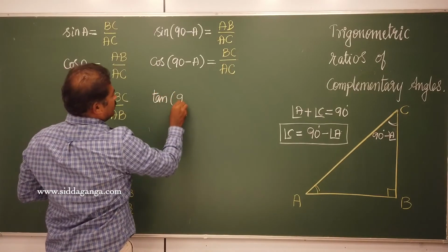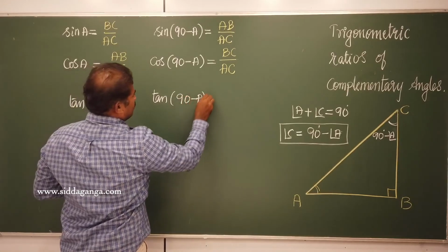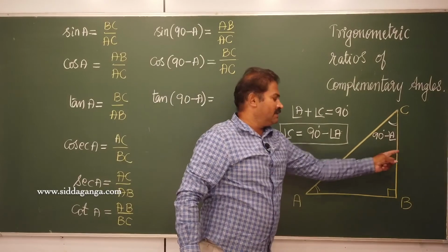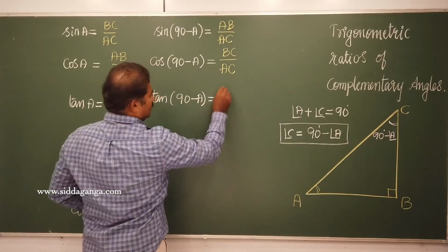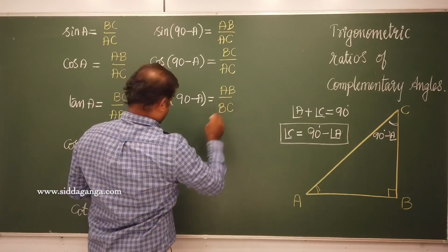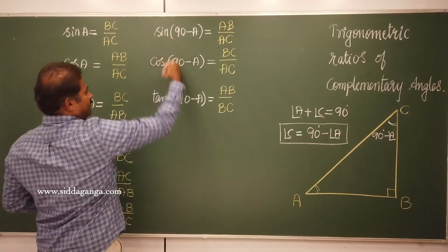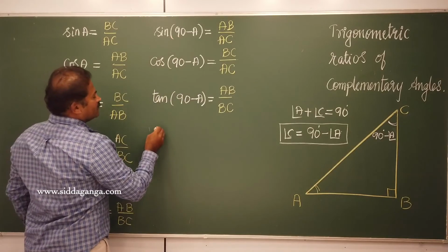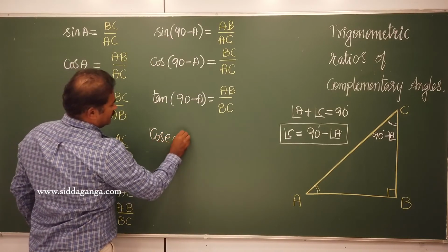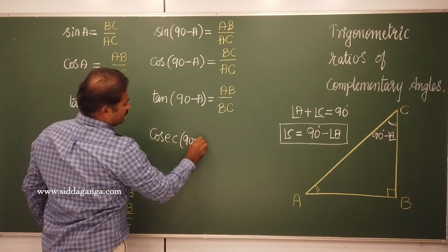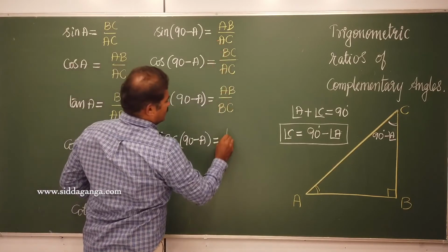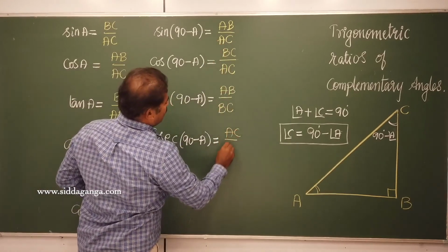For tan 90 minus A, so tan is what? Opposite by adjacent side, therefore AB divided by BC. And let us write the reciprocal functions of these. For sine, we have cosecant 90 minus A, which is equal to the reciprocal of this, that is AC divided by AB.